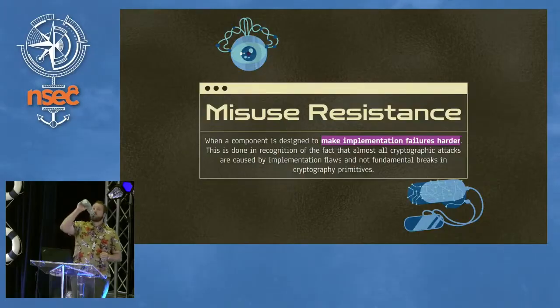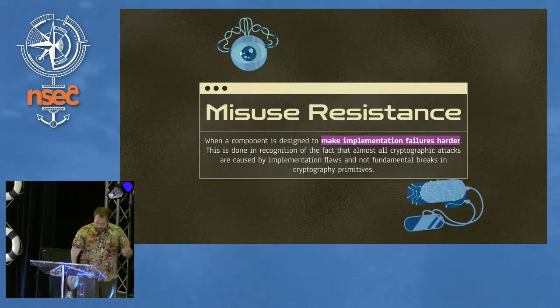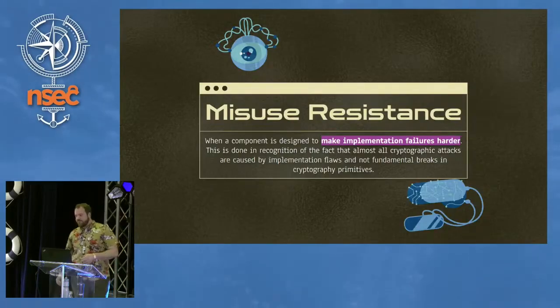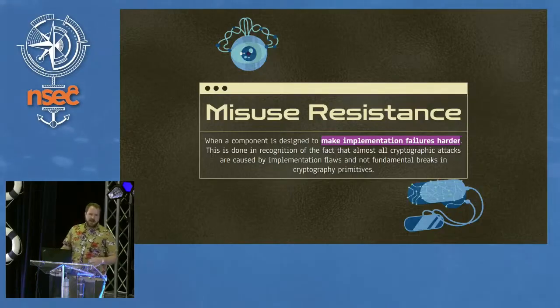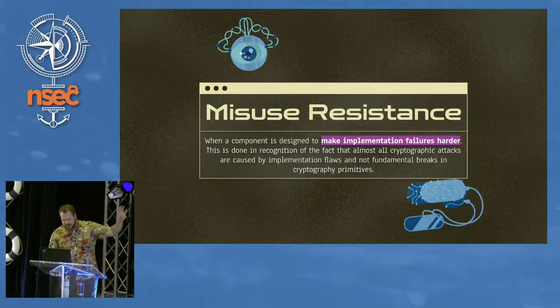Now, the whole point of that talk is to have an issue to talk about. So the misuse resistance concept: basically, when a component is designed to make implementation failures harder to happen, you might have ideas in mind, we'll get to this, but basically encryption normally is safe.